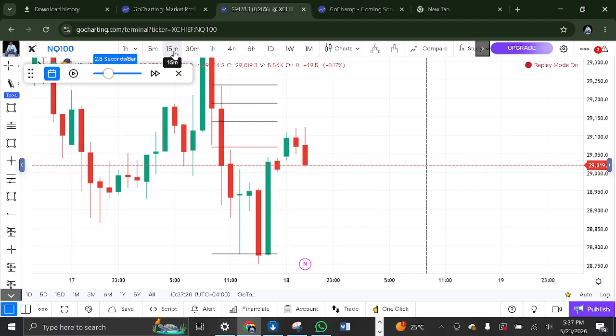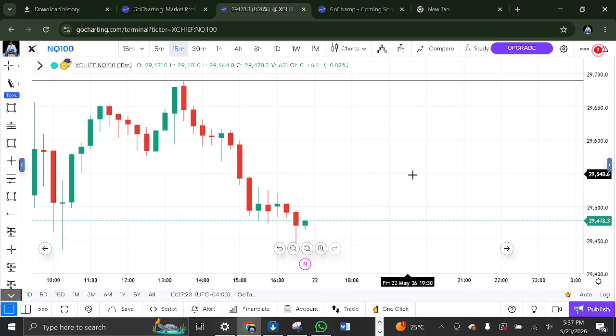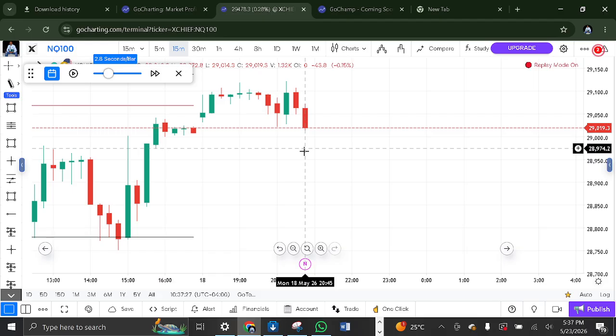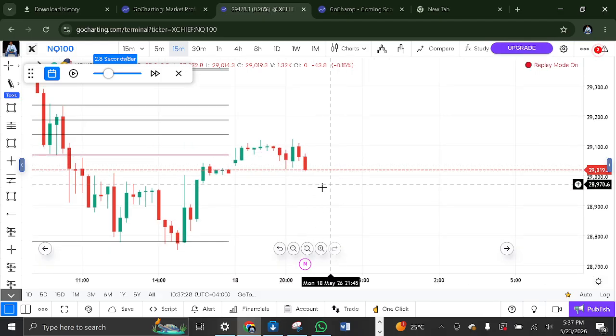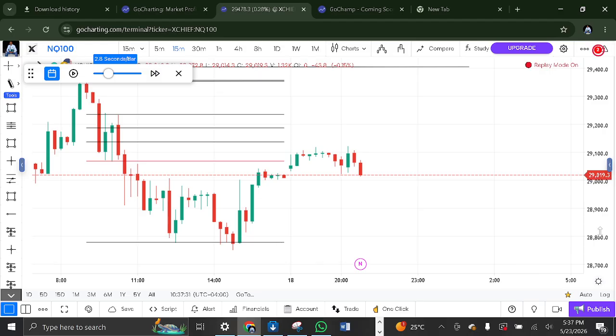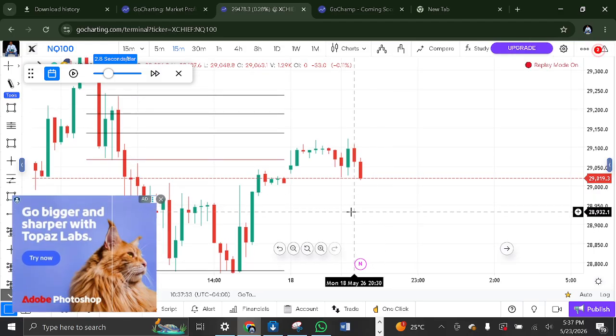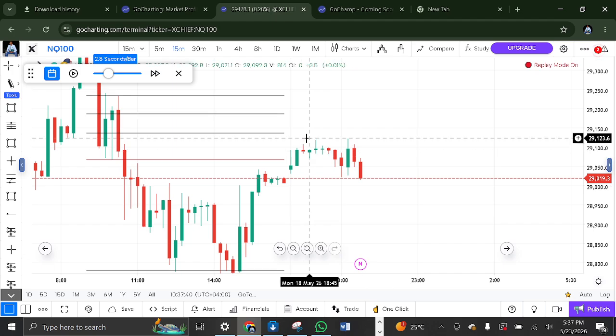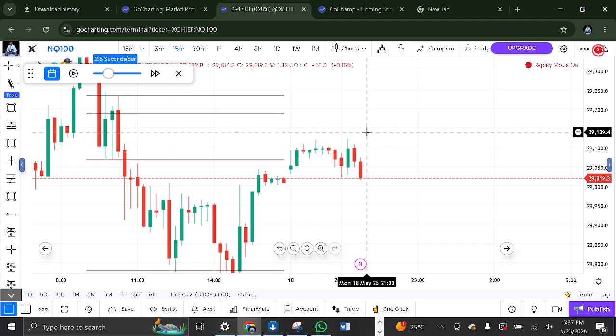Now I think we can drop to the 15 minute time frame and see, are we during London? Are we in a major time frame or a kill zone? We aren't really in a kill zone, but what we've seen is the market deliver into the 50% of that engulfing bar.